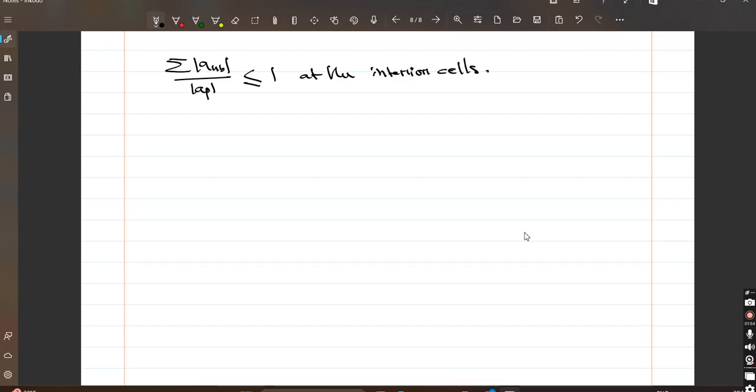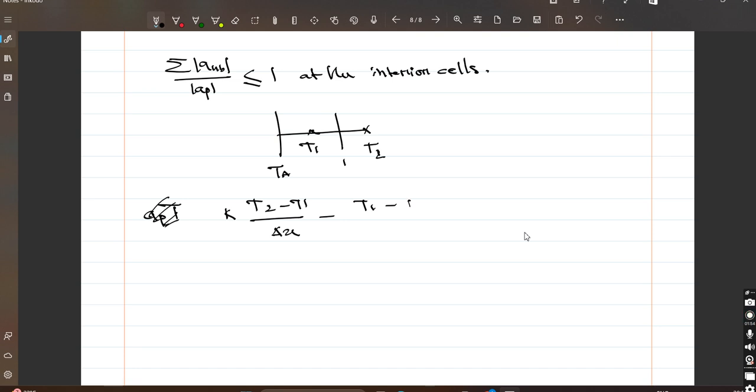at the interior cells. Now at the boundary points, so for example this is TA, this is say T2, this is T1, right? So the equation for T1 will look something like this. We have K times, for the east face, T2 minus T1 by delta x, minus T1 minus TA by delta x by 2, right?